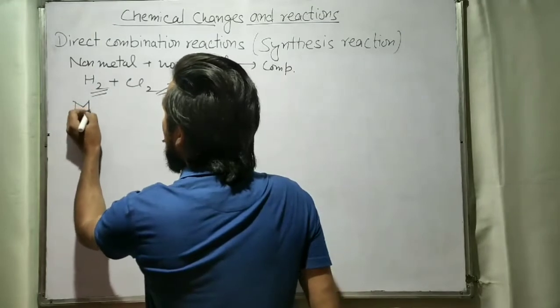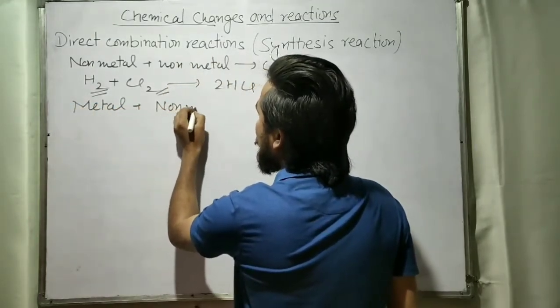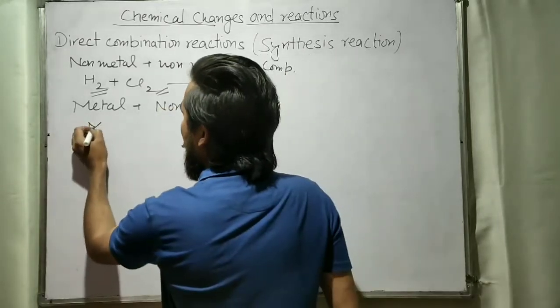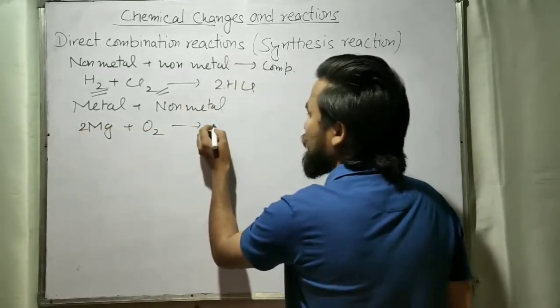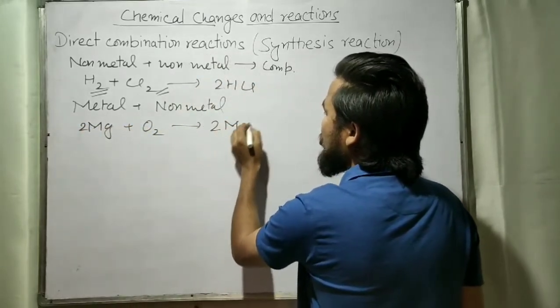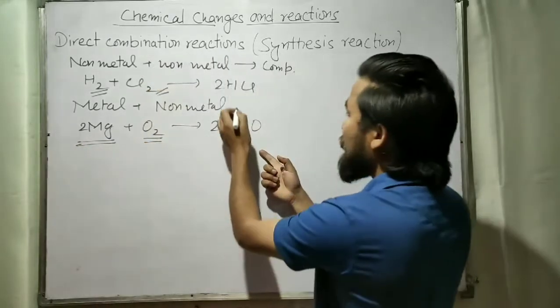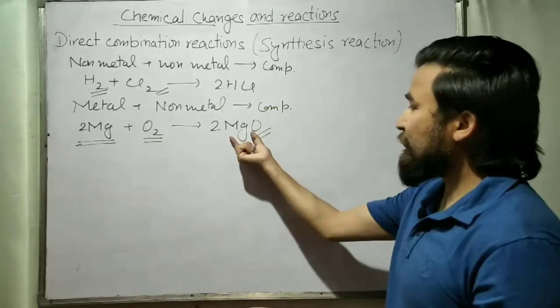Sometimes it may be a metal and a non-metal. For example, Mg plus O2 is going to form 2MgO. You can see this is a metal, this is a non-metal, and this forms a compound. So this is the synthesis of MgO.